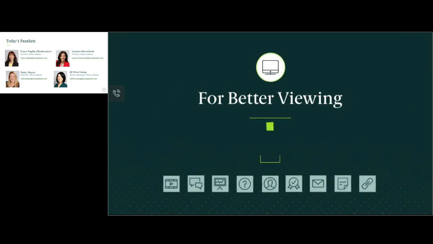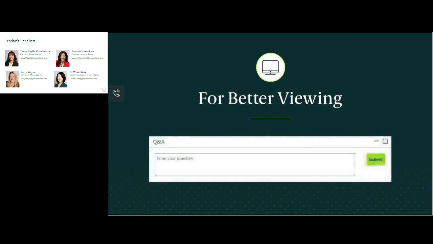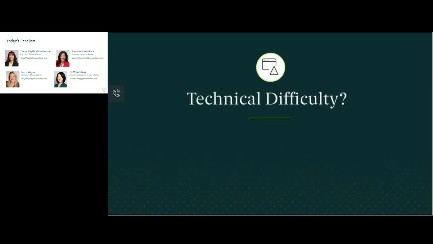You can download the group attendance sheet and a PDF copy of today's slides from the slide deck and handouts widget to the right of the slide view. You can ask our presenter questions during the webcast by typing a question in the Q&A window below the slide view and clicking Submit. We'll do our best to answer all questions during the presentation or follow up via email. If you experience technical difficulty during today's presentation, refresh your browser by hitting the F5 key.